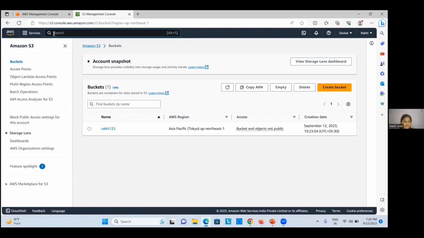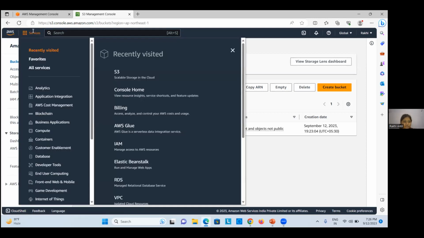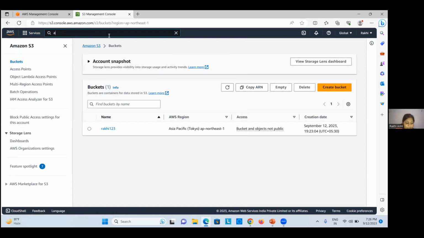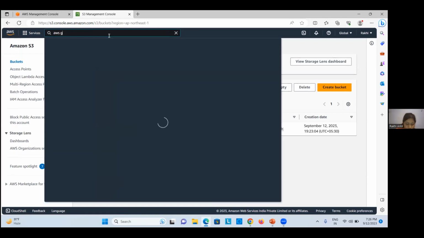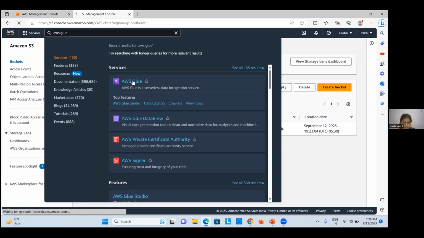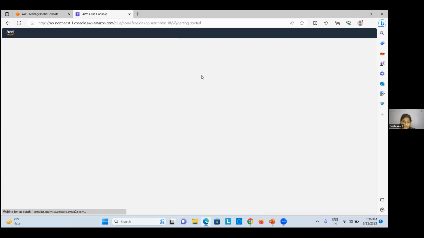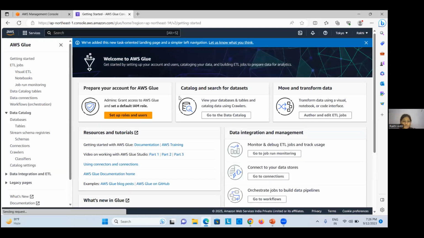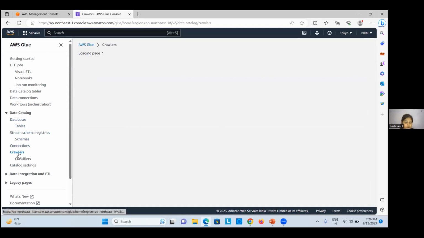Then go to services and search for AWS Glue. So this is the dashboard of AWS Glue. Then click on data catalog, then crawlers.